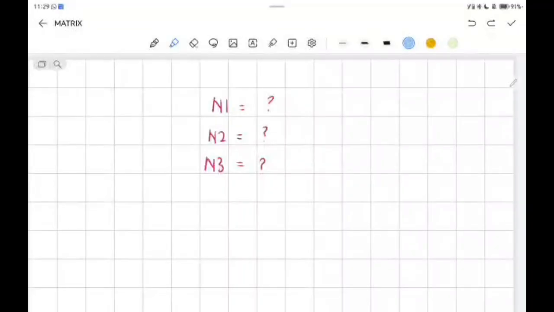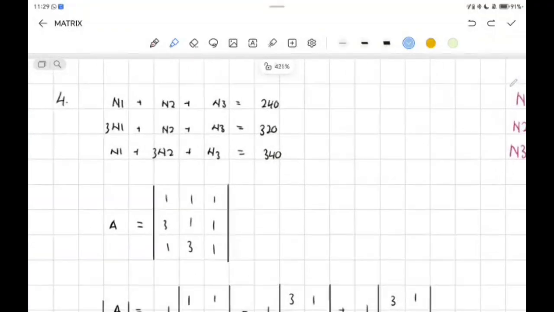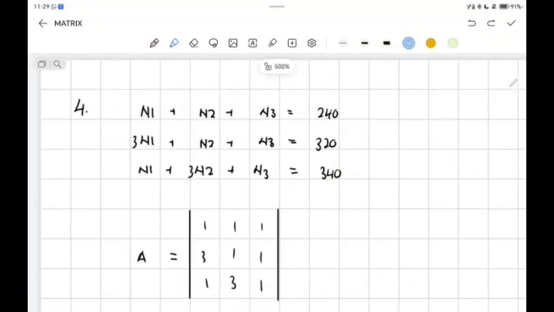Hi everyone, today I will solve a plant nutrient mixing problem using Cramer's rule. My goal is to find the exact amount of 3 nutrients, N1, N2, and N3 used in 3 different mixes. First, I will turn the mix details into a system of linear equations.